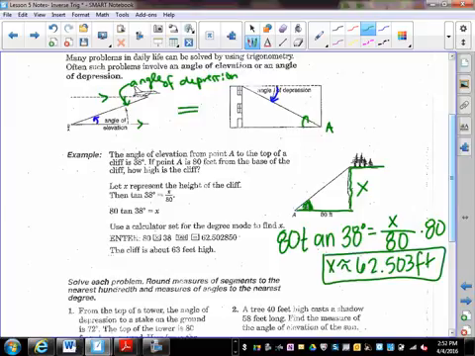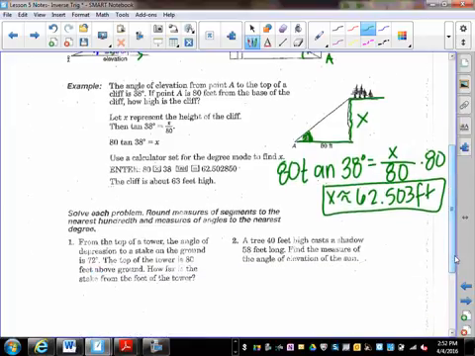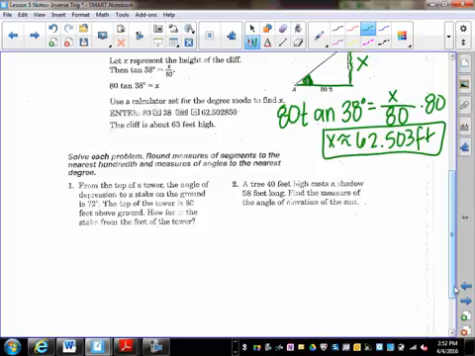Well, it's because they actually already did it for us right here. All right, so let's take a look at number 1. Let's just set up the problem. It says from the top of a tower, here's my tower, the angle of depression to a stake on the ground is 72 degrees.